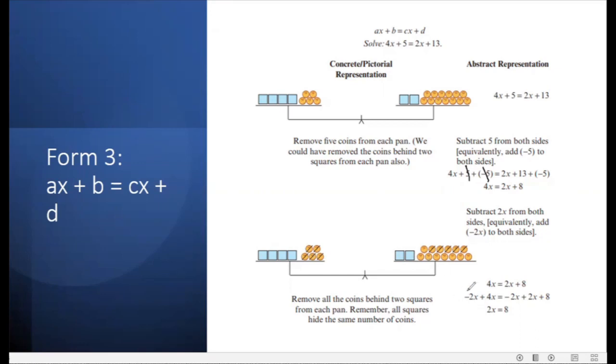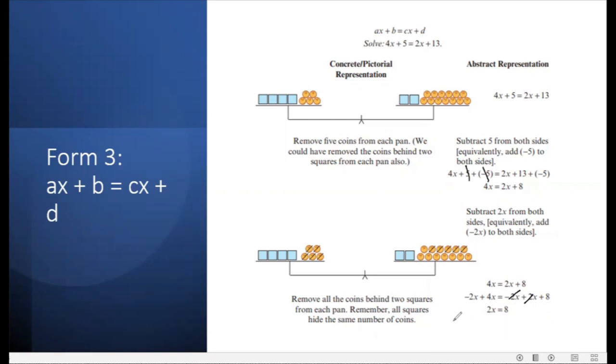So, ang mangyayari ngayon dun sa ating abstract, 4x equals 2x plus 8. So, negative 2x dun sa left at negative 2x dun naman sa right. So, ang mangyayari sa left natin, negative 2x plus 4x, 2x yung matitira. Then sa right side, negative 2x plus 2x is 0. Itong part na to ay 0 na to. So, matitira ang positive 8.